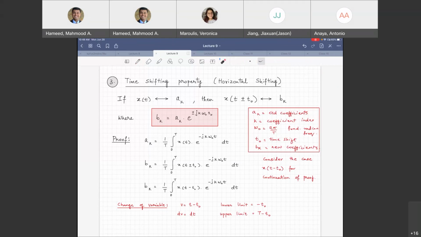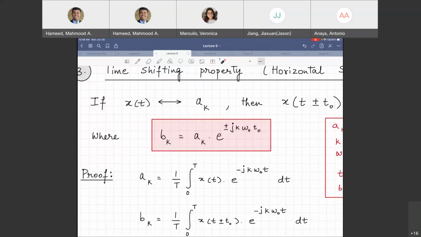Let's take a look at the property. Let's go through the proof. In my opinion, this time shifting property is one of the very frequently used properties. You use it in a lot of situations. You're starting out with x(t).